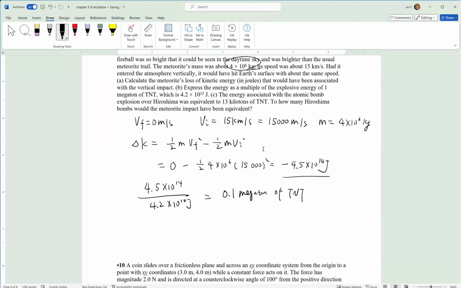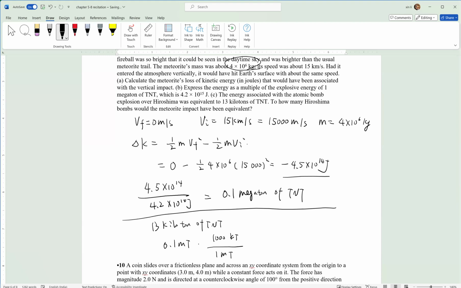And then here, the atomic bomb was equivalent to this amount of TNT. So this compared to the atomic bomb, the atomic bomb is 13 kiloton of TNT. Okay, so basically it's 0.1 megaton times 1,000 kiloton per 1 megaton.